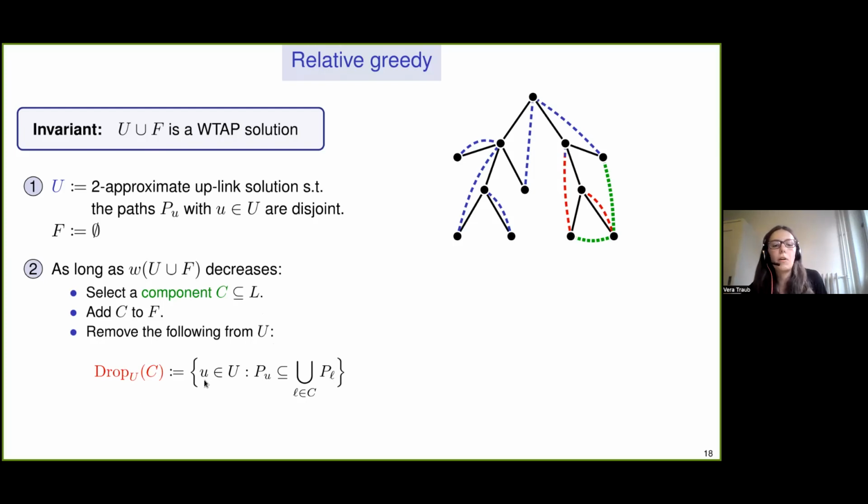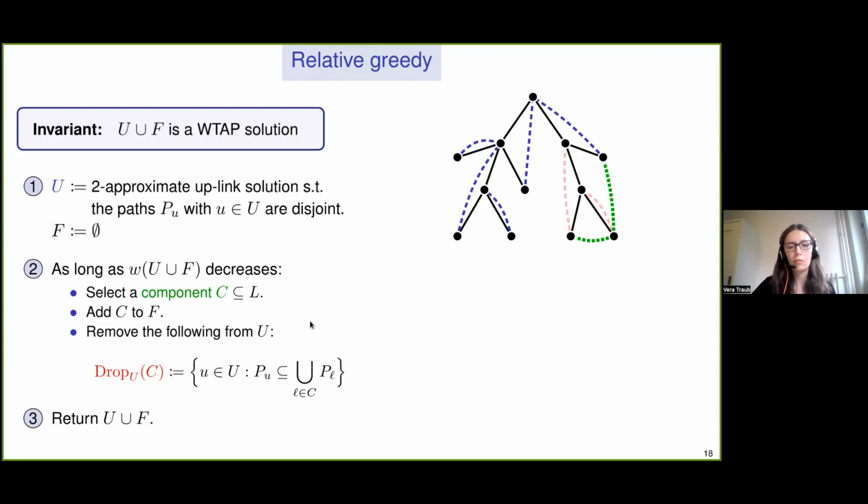This is the set of all those uplinks in U that cover only stuff that is also covered by my component C. So these are links that I can clearly safely drop from my solution when I add the component C. So I'll just remove that from my solution. And then I iterate this as long as the weight of my solution decreases, and in the end I return my solution. So that's the basic idea.